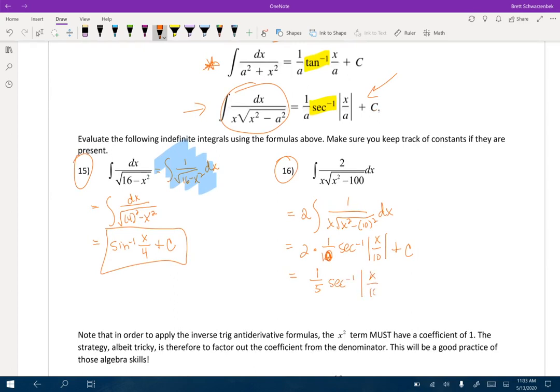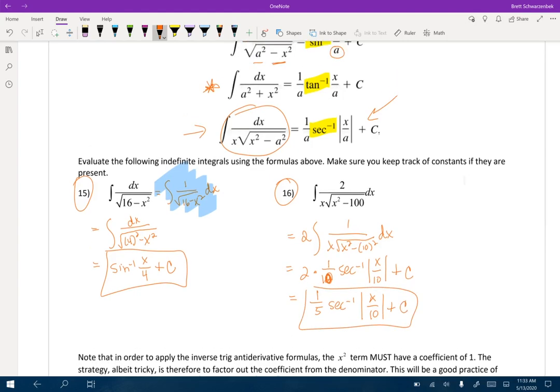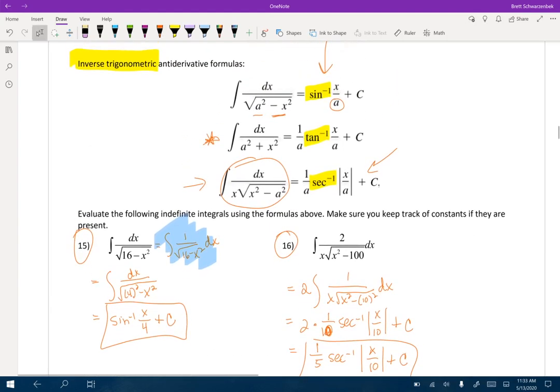Now you might have noticed, probably while you were doing it, that for the first formula there is no 1 over a. Strangely enough, that's the way it works, there is no 1 over a going on there, whereas in the other ones there is a 1 over a.